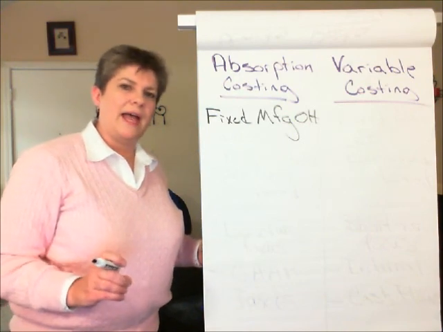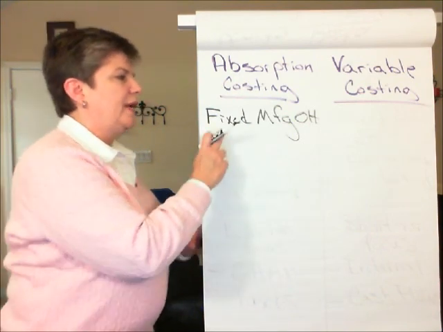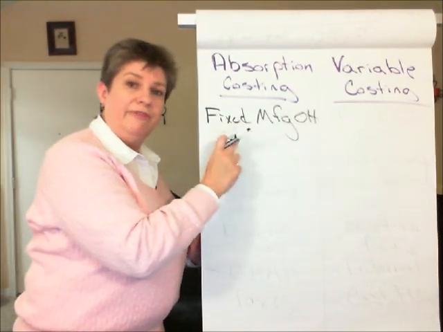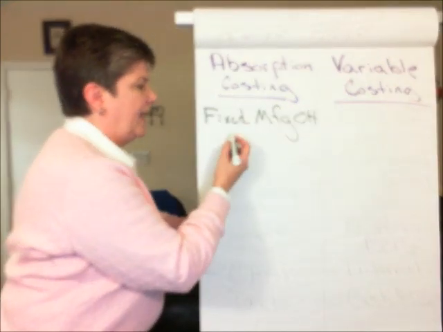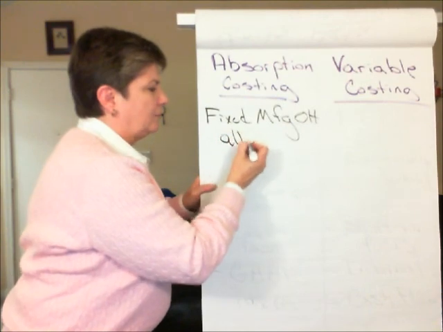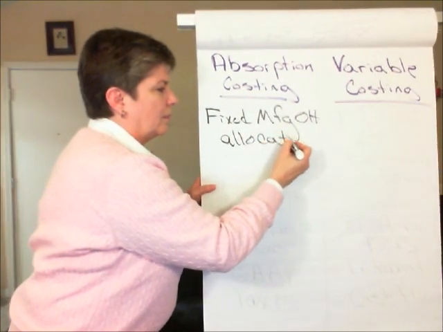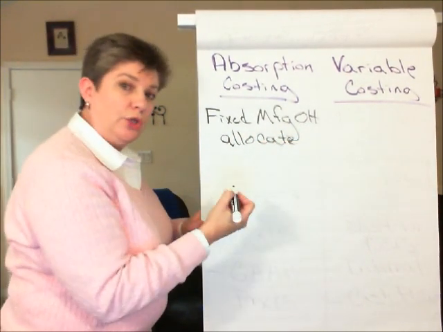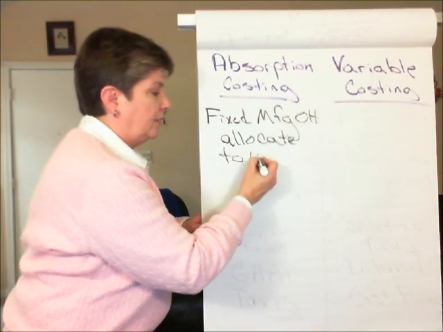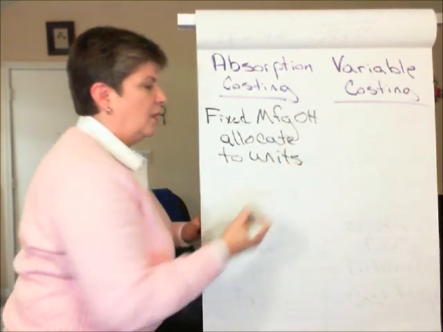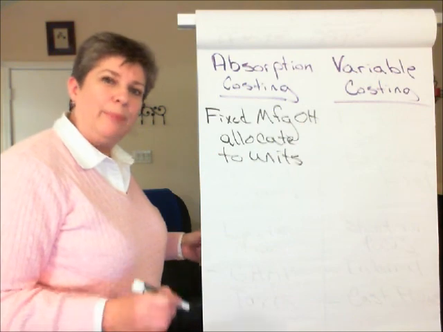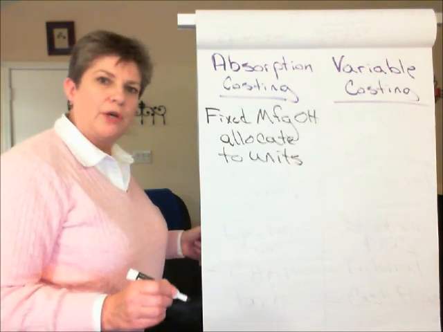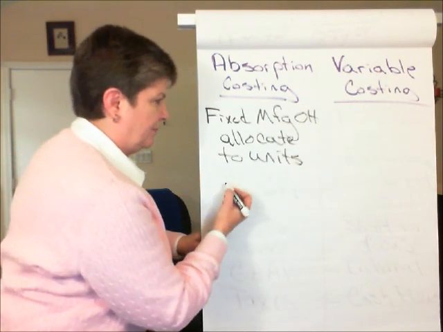Now, how does that happen? Well, what we have to do is take the total fixed manufacturing overhead and allocate that to individual units of product by calculating a per unit fixed overhead rate.